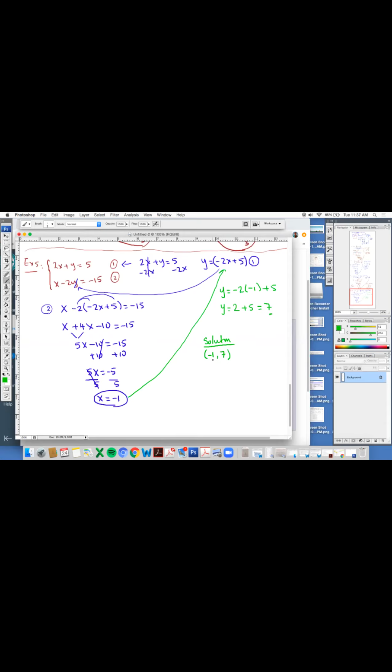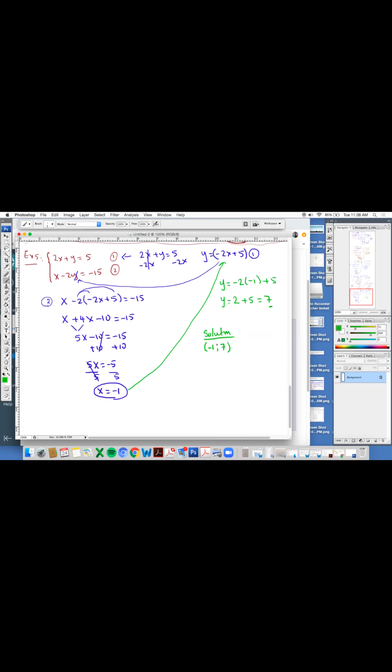Okay, any questions with this example? So this is the substitution method. When you have one equation solved for y or x, or you solve it yourself, you plug it into the other and you get your x and y value. So you don't have to do graphing, right?